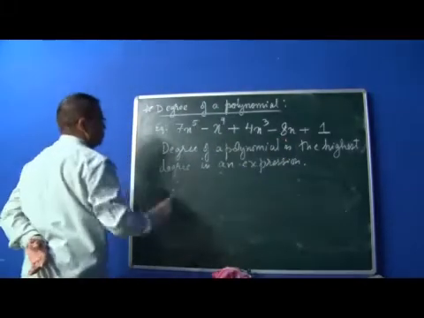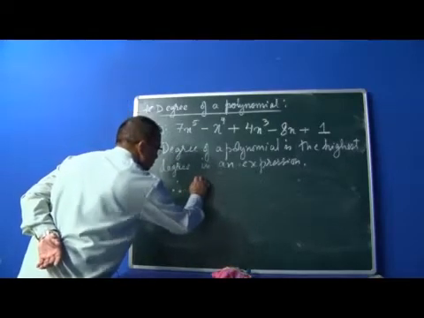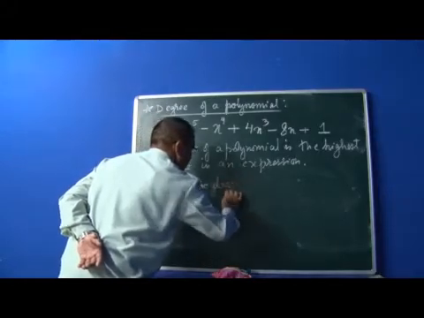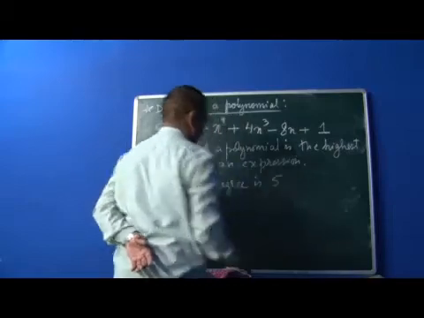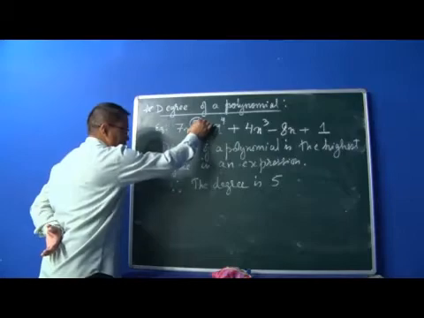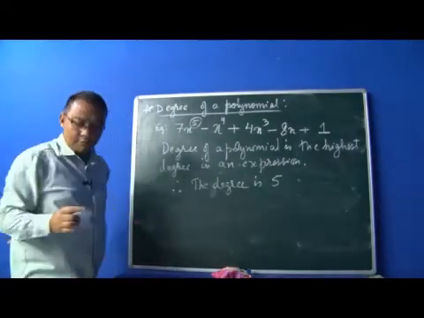Therefore, let us put this one. The degree is 5. That means this is the power I can circle. This is the power, so the degree is 5.